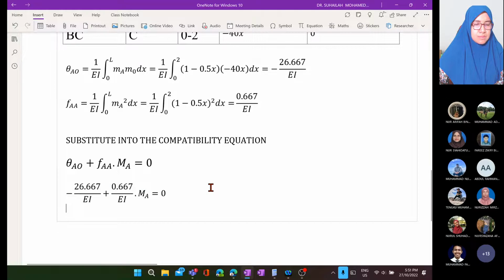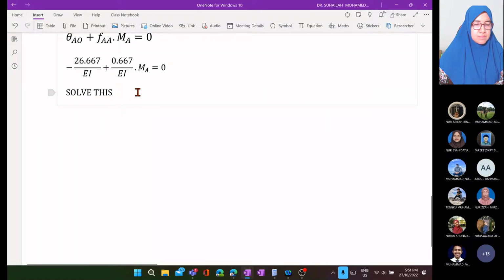So solve this, what do you get? MA is equal to 26.667 divided by 0.667.